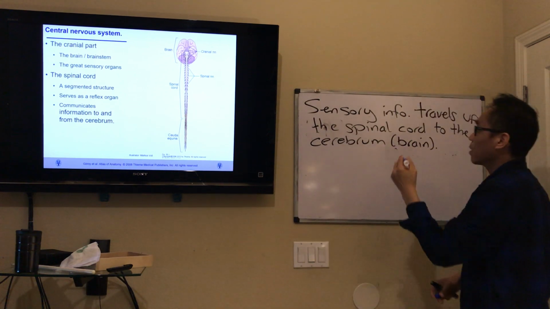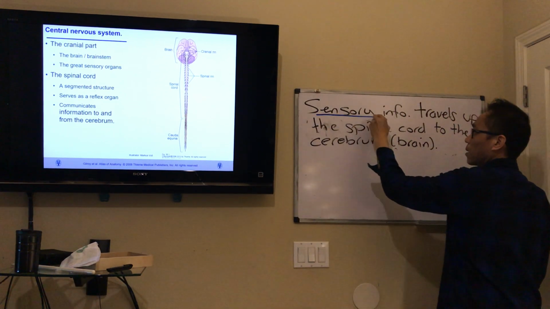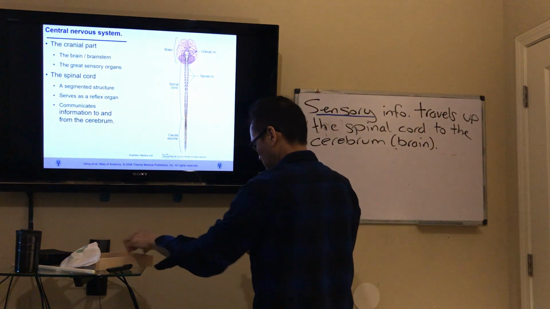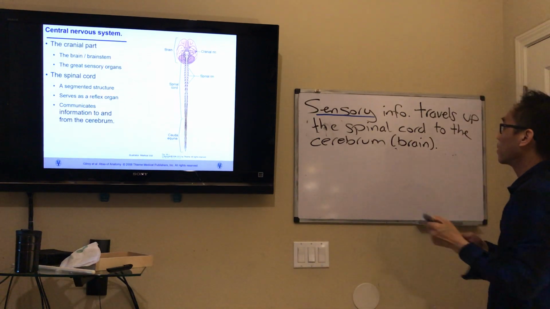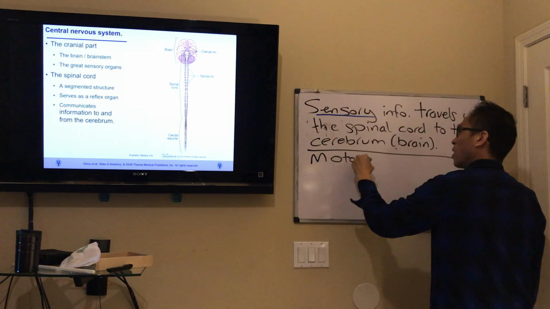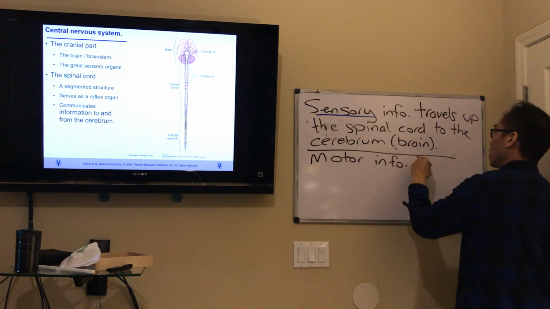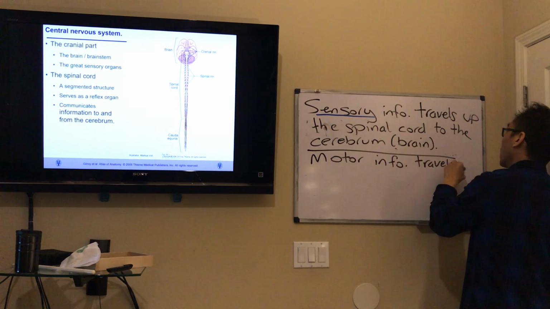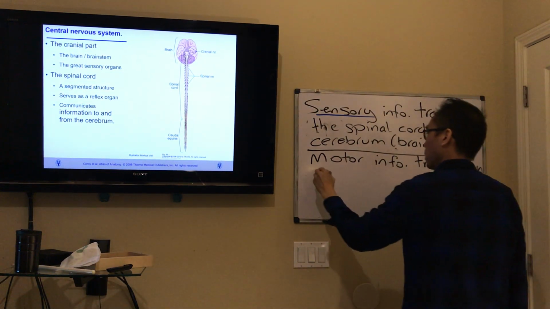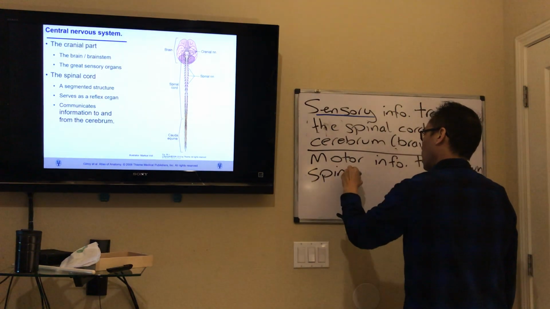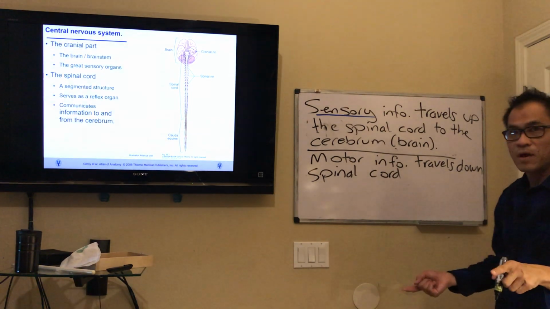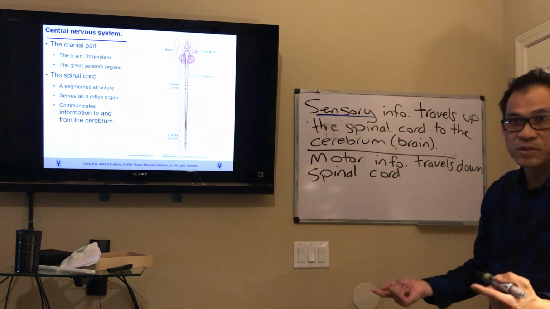Information to the brain is sensory. Information traveling down is a motor command. And that's motor information. Motor info travels down spinal cord and out to effectors like muscles or glands.